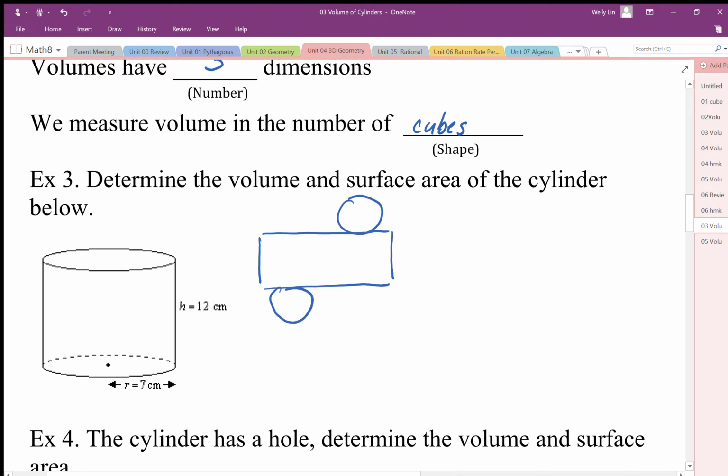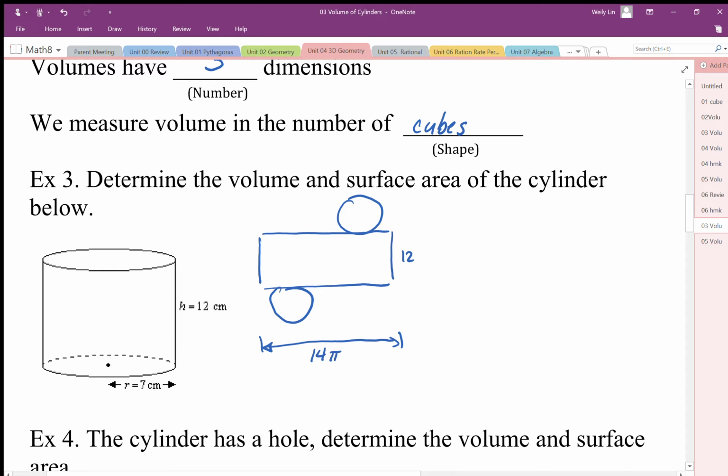Okay, so there's my surface area, my net. It's going to be 12 high. The width of this is going to be pi times diameter, so 14 pi.